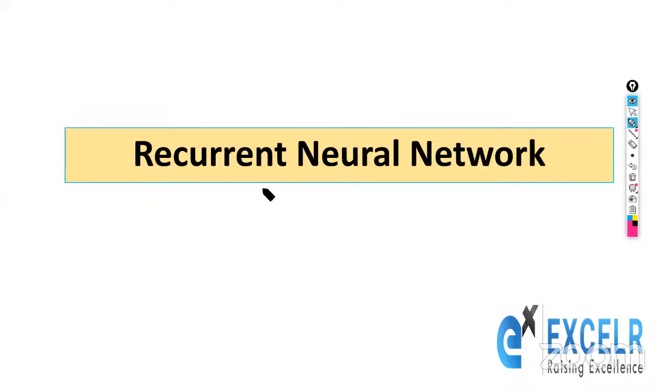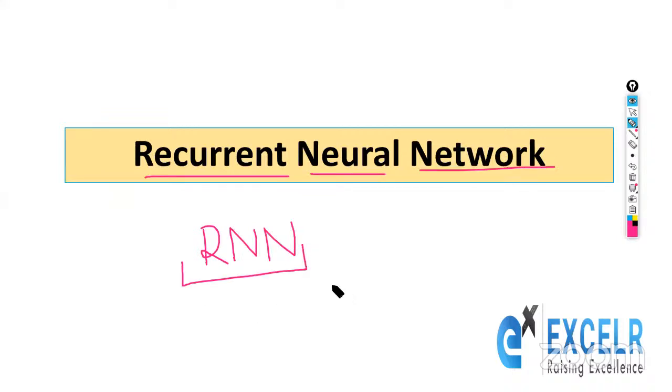Okay. So today I will discuss one more application of the neural network, that is the RNN, which stands for the recurrent neural network. Basically, RNN is the basic neural network which is used in different kinds of generative AI techniques.